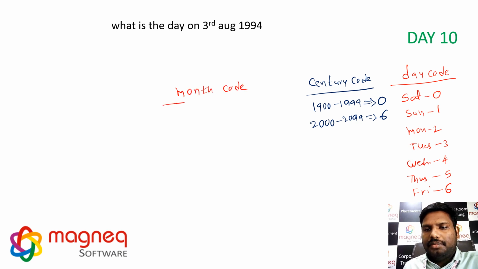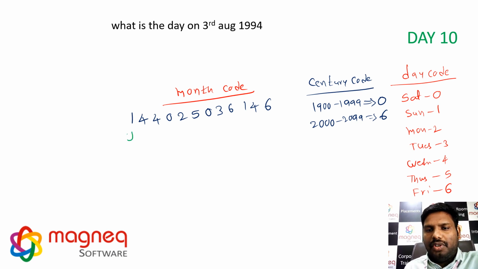Month code: 1, 4, 4, 0, 2, 5, 0, 3, 6, 1, 4, 6. 12 months, 12 codes. January, February, March, April, May, June, July, August, September, October, November, and December.